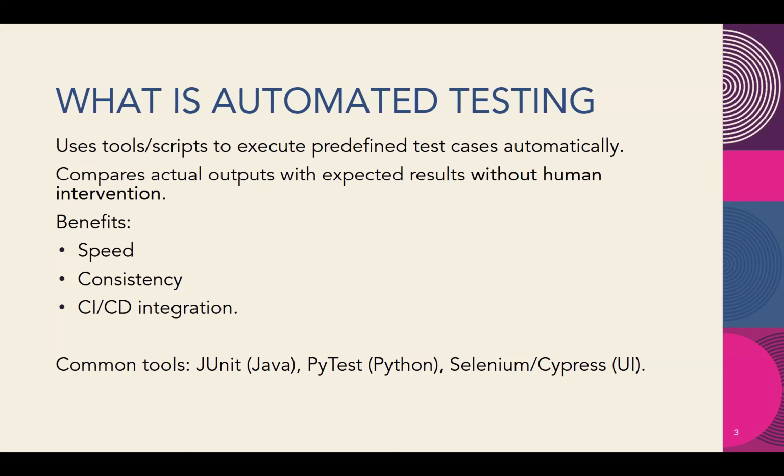Automated tests can improve speed, consistency, and accuracy, but they're only as good as the scripts that we write. Common examples include unit tests, which test small parts of code, and UI or integration tests, which verify how different parts of code work together. So in short, automated testing helps developers save time and catch errors, but it still requires a lot of human oversight.